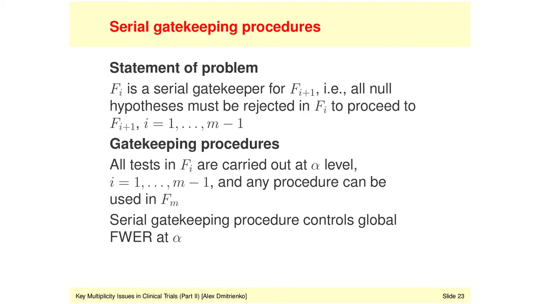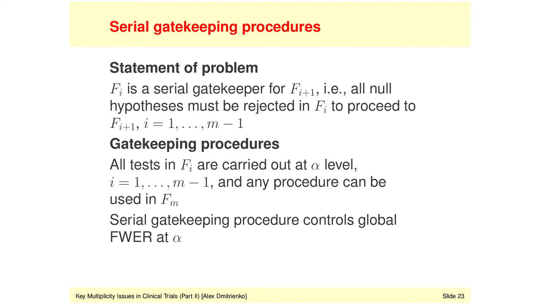If we assume that all of the families here serve as serial gatekeepers for the next family, then this approach would be applied to families 1 through m minus 1, and any procedure can be used in family Fm because this is the last family in the sequence. With this approach, it's quite easy to show that the resulting serial gatekeeping procedure controls the global family-wise error rate at the alpha level.